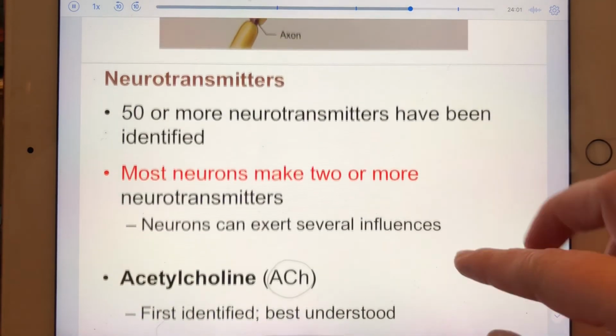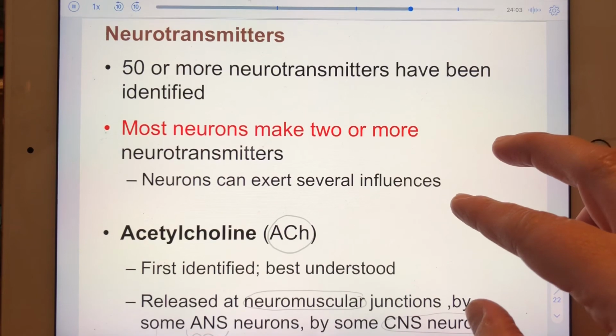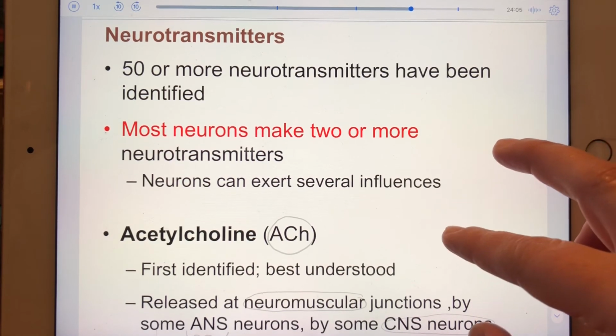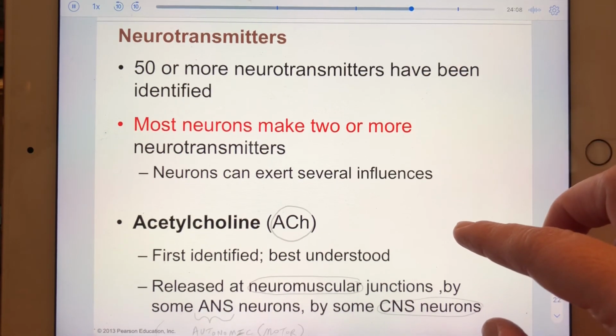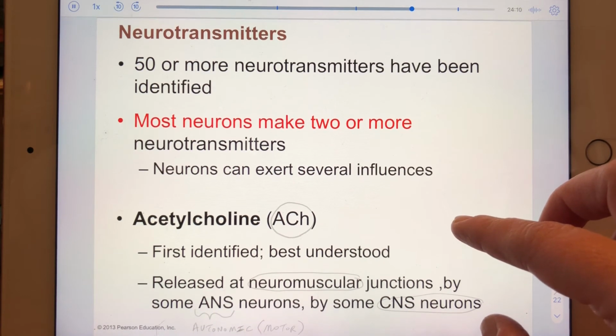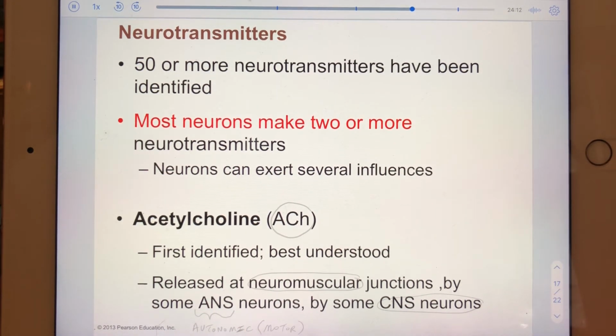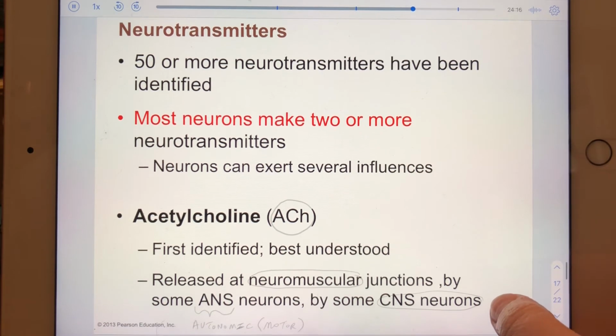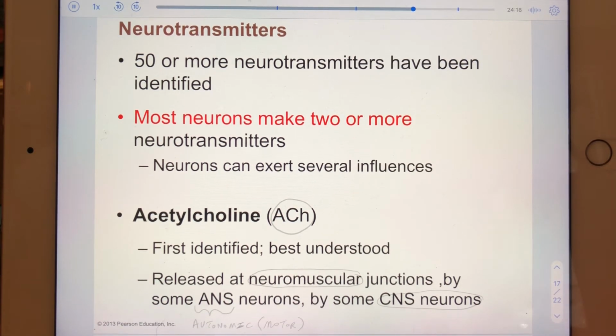18. At least 50 different neurotransmitters have been identified. Most neurons make at least two different types of neurotransmitters.